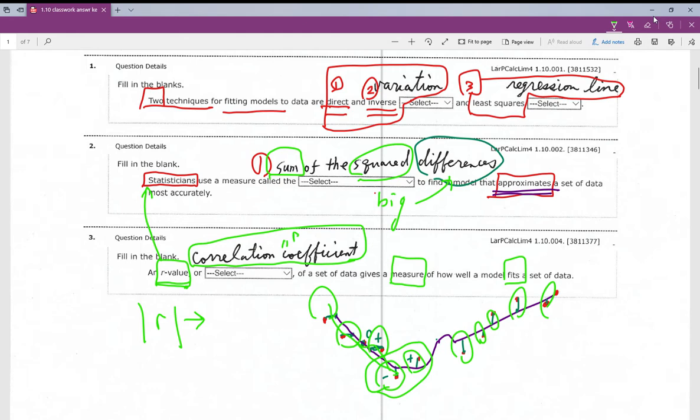Okay, so when R is very close to 1, that means the model is good. Or we say the closer R approaches 1, the better the model.